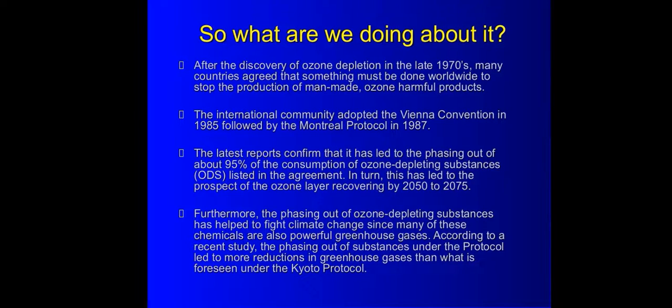Furthermore, the phasing out of ozone depleting substances has helped to fight climate change, since many of these chemicals are also powerful greenhouse gases. According to a recent study, the phasing out of substances under the protocol led to a greater reduction of greenhouse gases than what is foreseen under the Kyoto Protocol.